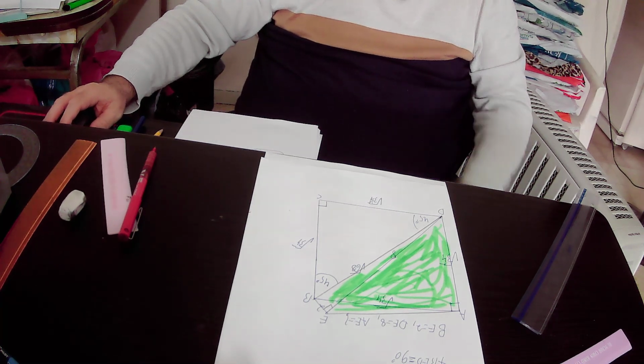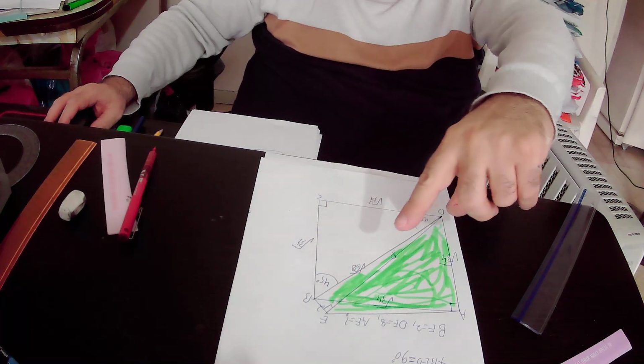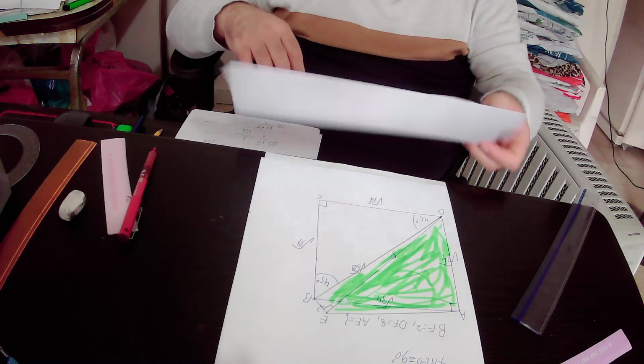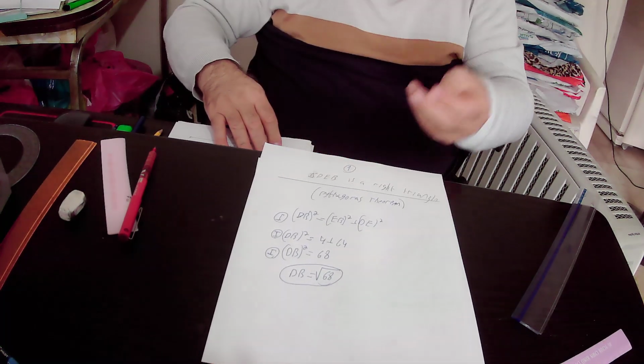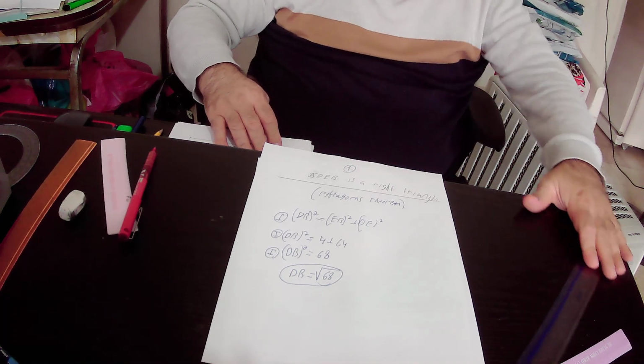That is to say, DB square equals EB square plus DE square. I repeat again, if you focus on the right triangle DEB, according to the Pythagoras theorem, DB square equals EB square plus DE square.